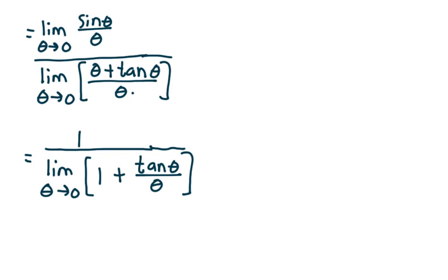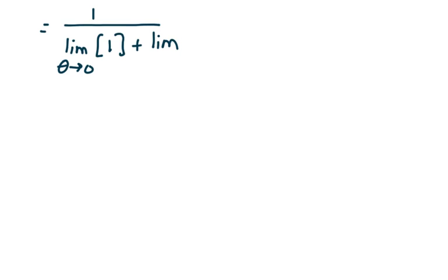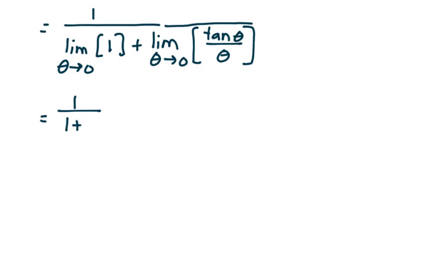And so this is equal to 1 divided by the limit as theta goes to 0 of 1 plus the limit as theta goes to 0 of tangent theta divided by theta. And so this is 1 over 1 plus 1, which is equal to a half.